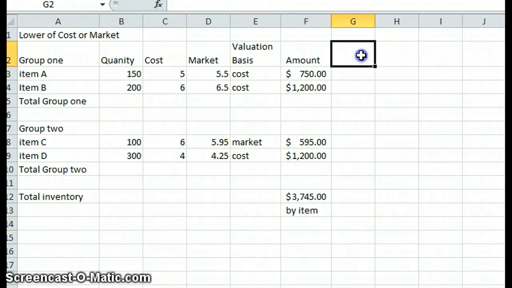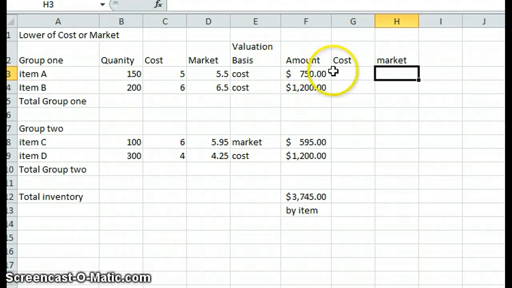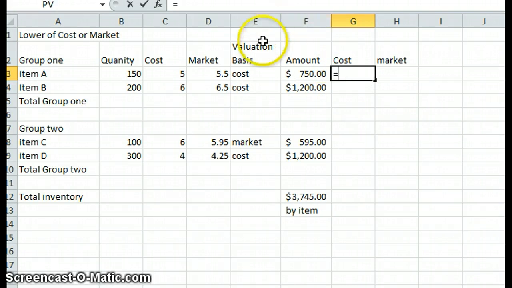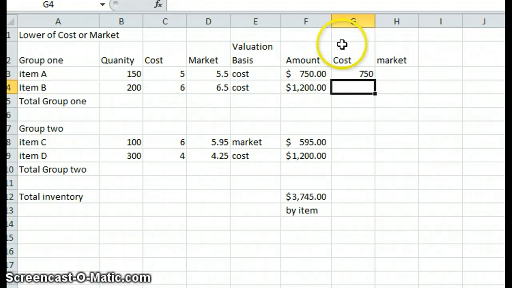So the first thing we have to do for the group is to figure out the cost and the market and compare the whole group. So we will multiply the quantity times the cost, and we'll do that for both items.